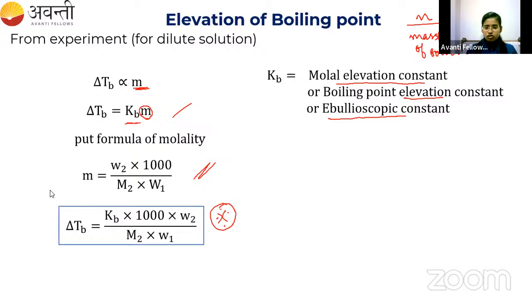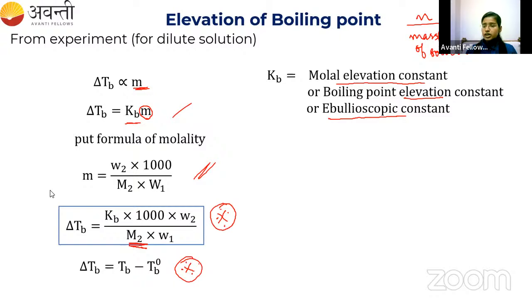This formula is used to calculate the molar mass of the component using the elevation of boiling point. And also the formula which I have already given for delta Tb: delta Tb is equal to Tb minus Tb naught. This is also very important. Clear? Any doubt from this?